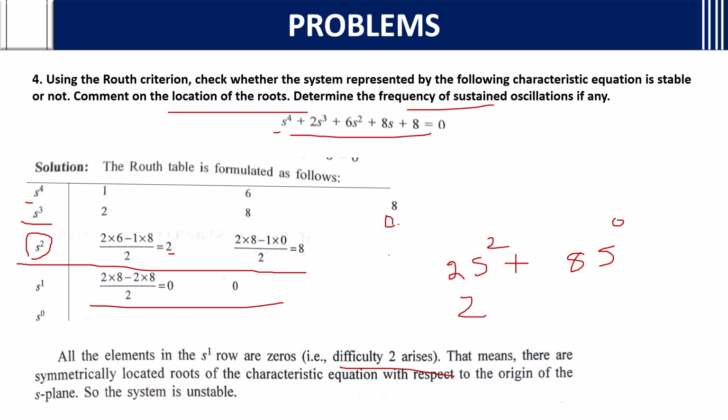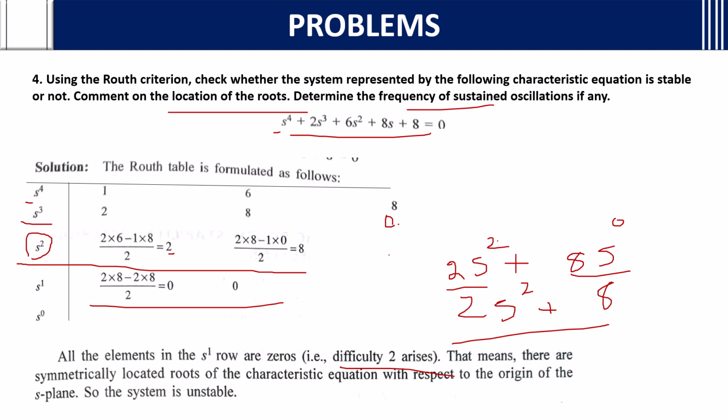Means 2s square plus 8. You should leave a difference of 2 values. 2s square, next you should take 8 s power 0, not 8s. S power 0 is 1. So you will get 2s square plus 8.